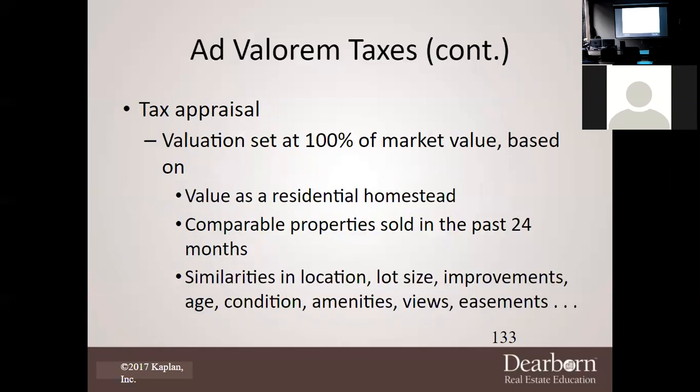The valuation is going to be set at 100% of the market value, based on the value of a residential homestead, comparable properties sold within the last 24 months. Wonder how they get those when they're not supposed to. Similarities in location, lot size, improvements, age, conditions, amenities, views, easements. Okay.